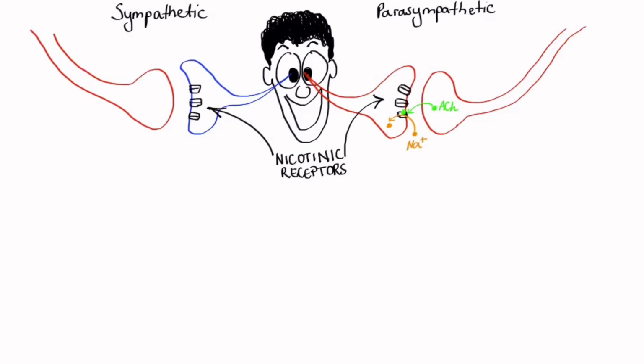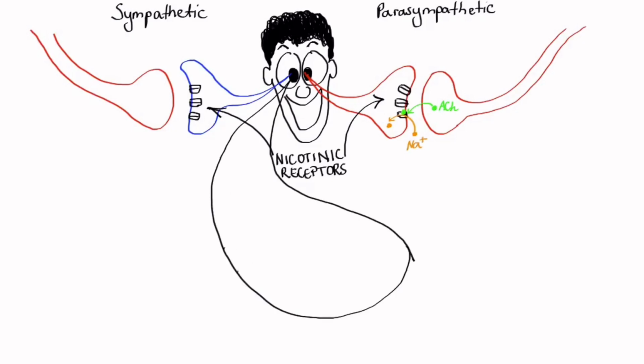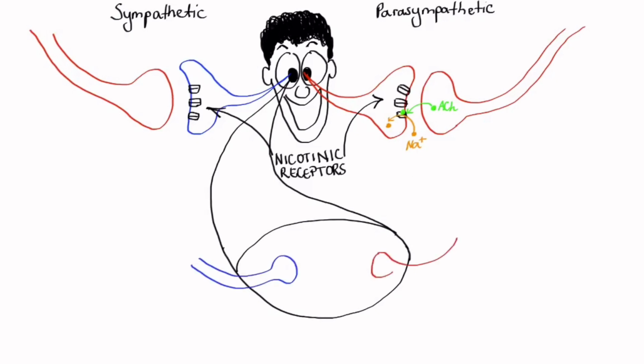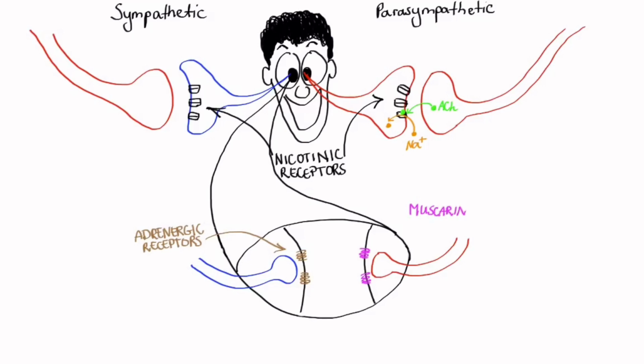On the other hand, the receptors on the effector organs that are receiving signal from sympathetic neurons are called adrenergic receptors, and the ones that are receiving signal from parasympathetic neurons are called muscarinic receptors. So for example, if we zoom in at this area right here, where the very ends of these postganglionic neurons meet the smooth muscle cell of the eye, the sympathetic adrenergic neuron would stimulate adrenergic receptors, leading to pupil dilation, and the parasympathetic cholinergic neuron would stimulate muscarinic receptors, leading to pupil constriction.